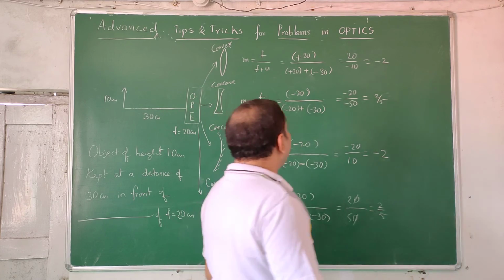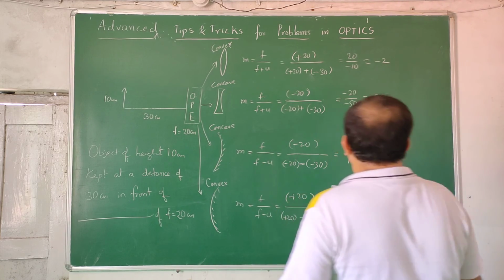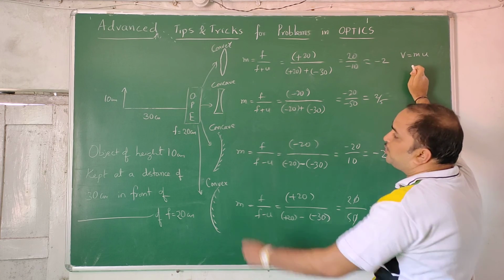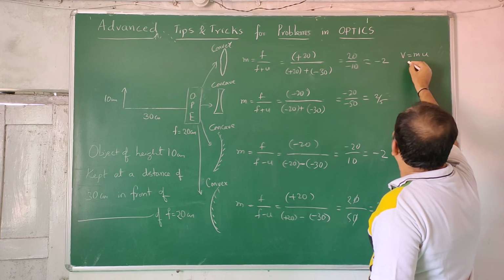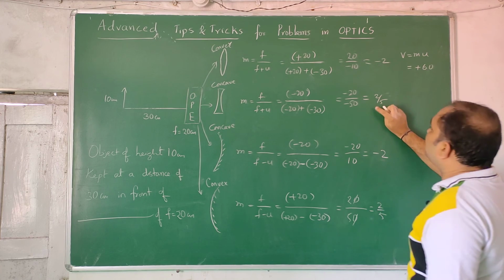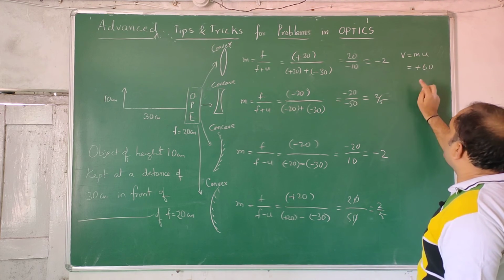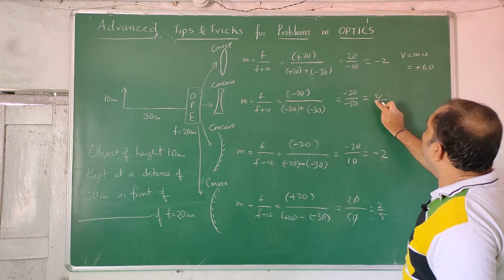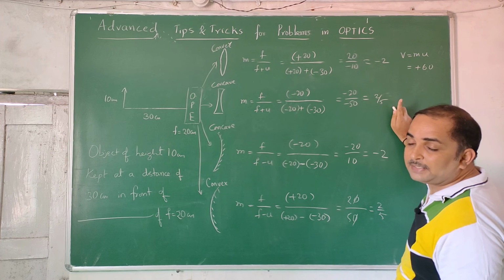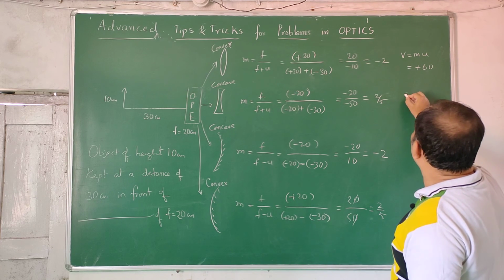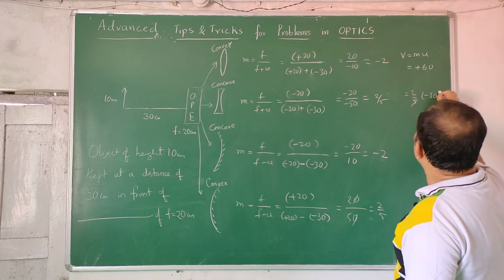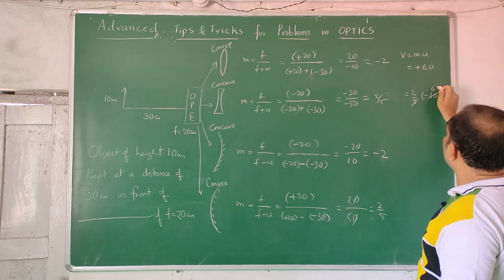Using this you can find v. v is equal to m u. What is u? In all cases minus 30. So minus 30 into minus 2 gives plus 60. In this, v is equal to minus 30 into 2 by 5, which is minus 12: 5 ones are 5, 6 fives are 30, 6 twos are 12.